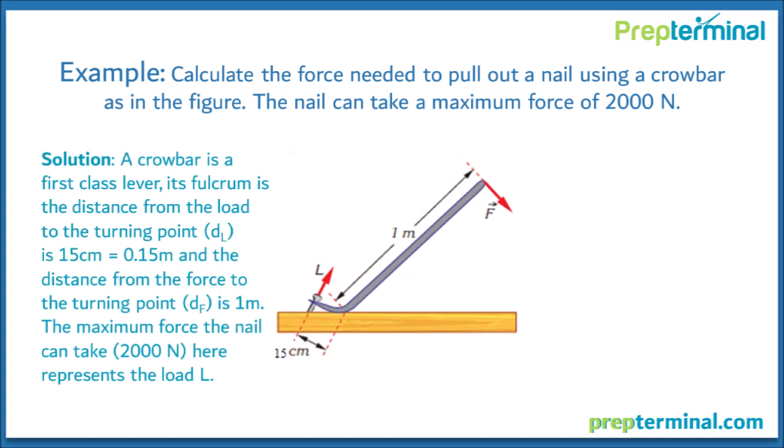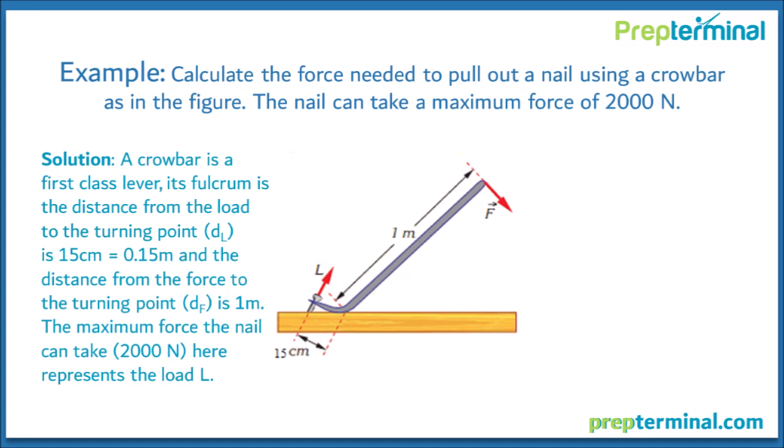Solution: a crowbar is a first-class lever, so its fulcrum is, as we see, the turning point. The distance from the load to the turning point, dL, is 15 centimeters, which equals 0.15 meters. And the distance from the force to the turning point, dF, is 1 meter.